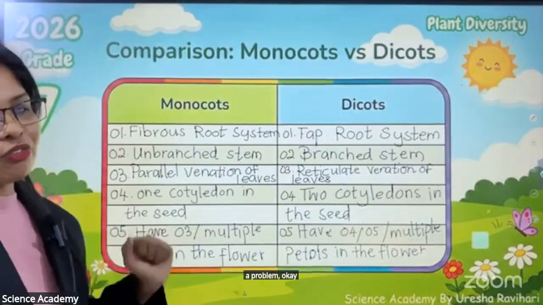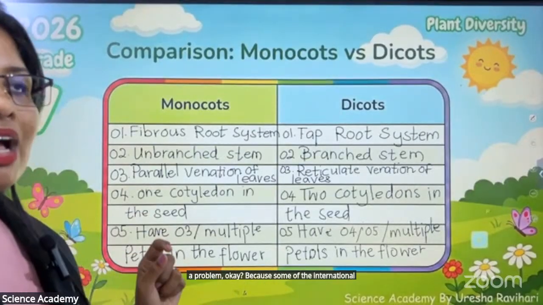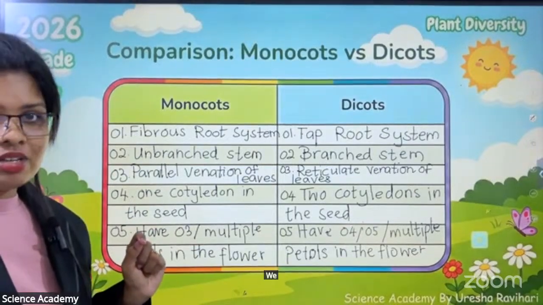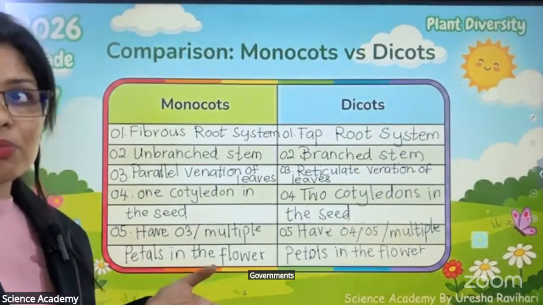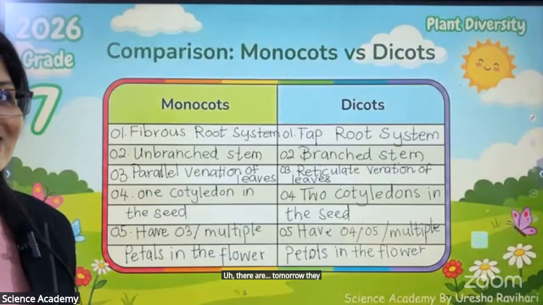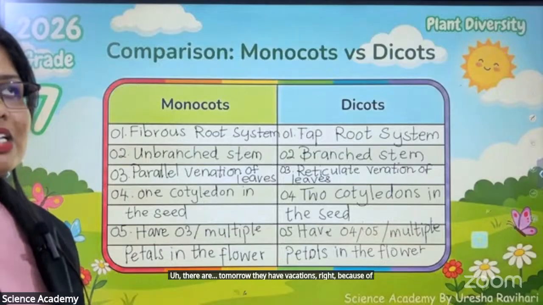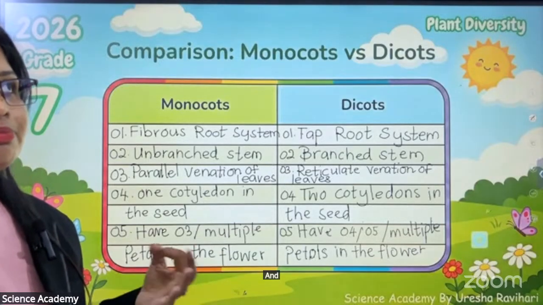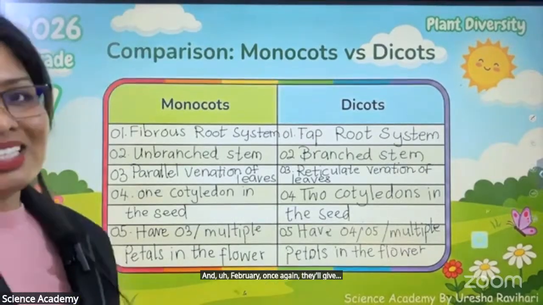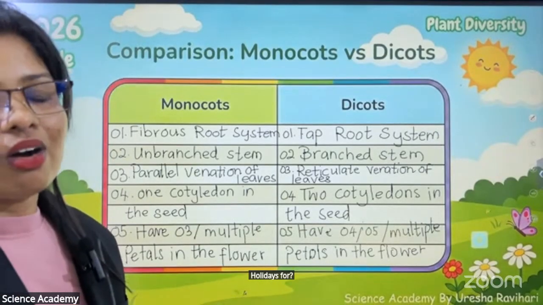Some international schools are going to have examinations in the second week of March. Government school students have no problem, since they have vacations because of the advanced level examination, and in February holidays again for O levels.